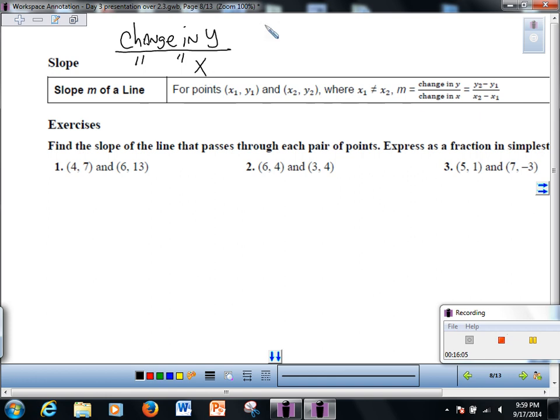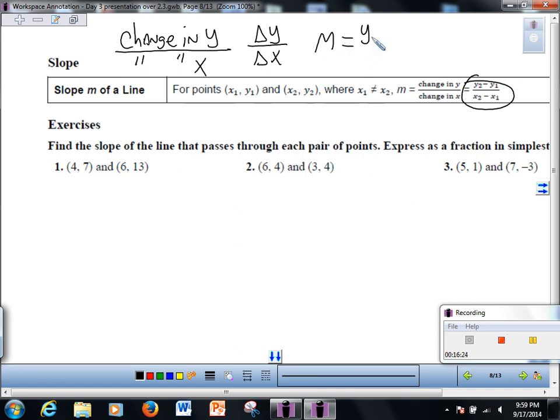I have my calculus kids call it delta y over delta x. Delta means change. And I'm going to give you a formula. Slope is right there. Slope is what you get, and we did it 6 times just previously.